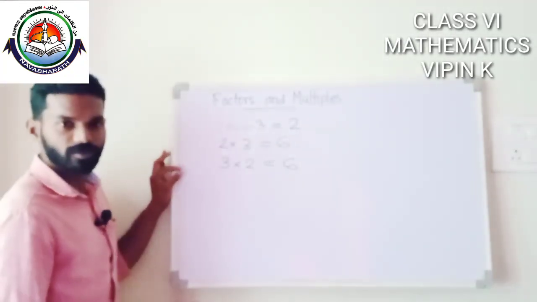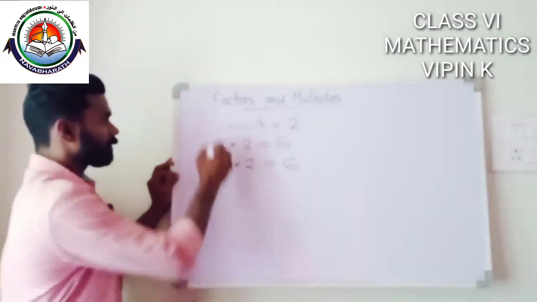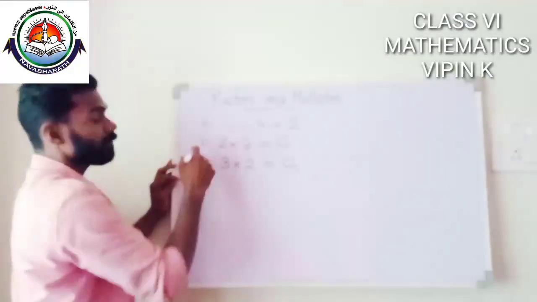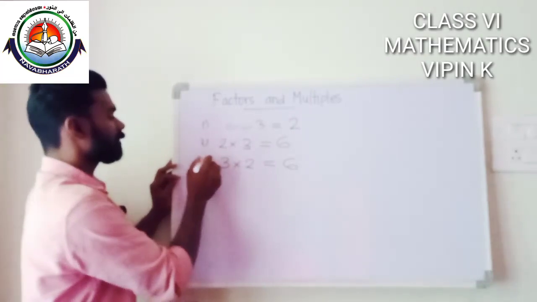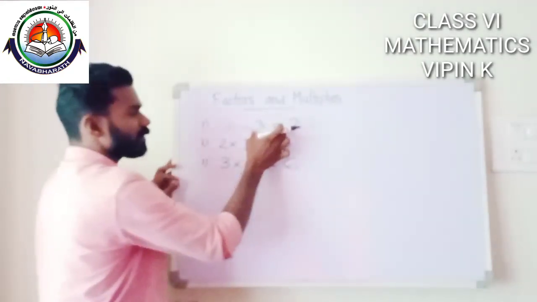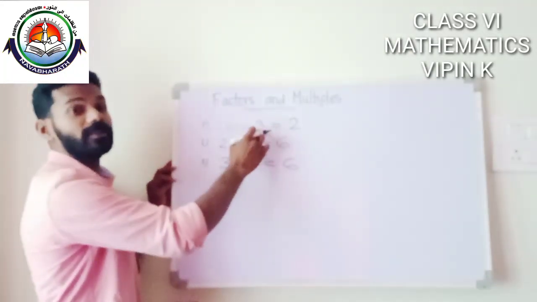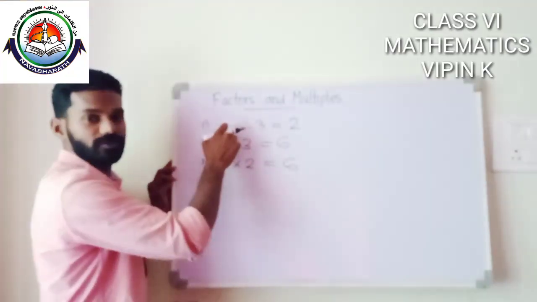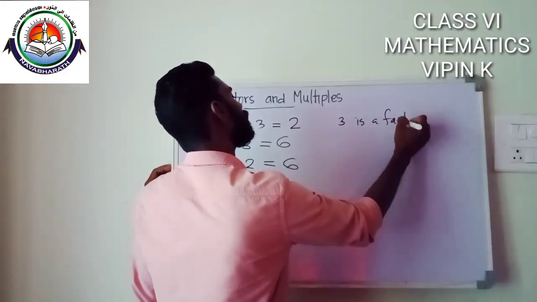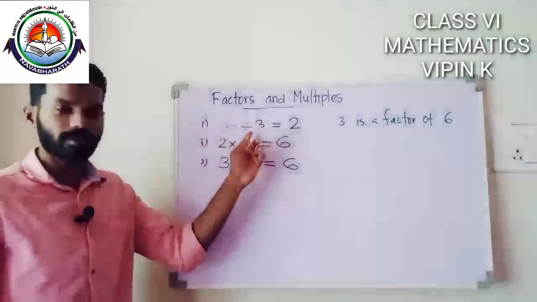From this, we can say 3 things. From the first, we can say one thing, from the second, another, and from the third, another. From this equation, we can say that 3 is a factor of 6. Why is 3 a factor of 6?